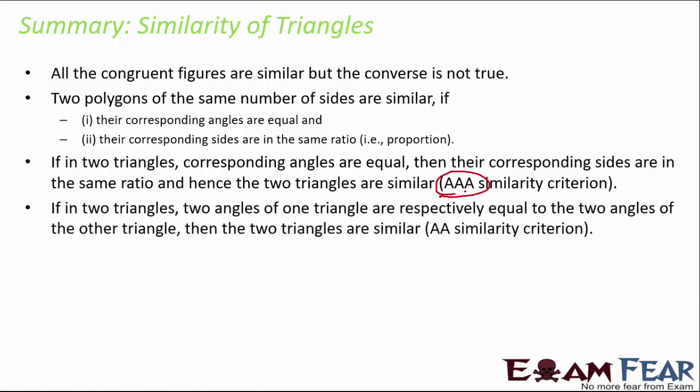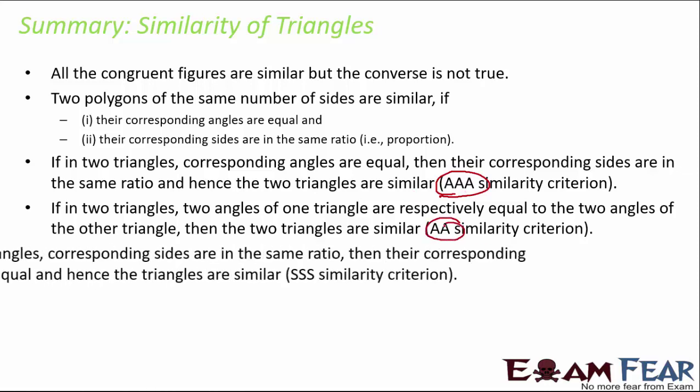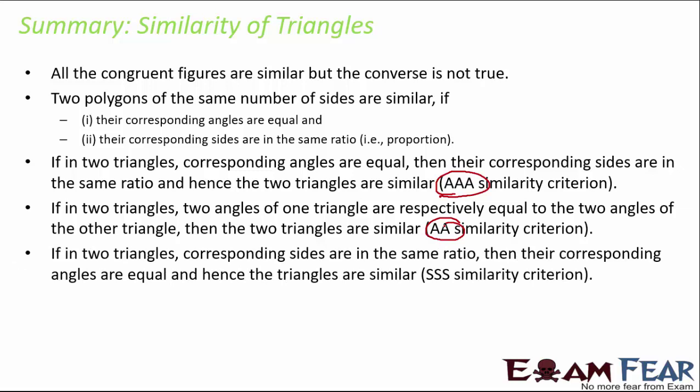If it so happens that two angles of a triangle are equal to two angles of the other triangle, which anyway means that the third angle would also be equal, this criteria is known as AA similarity criteria. If the corresponding sides are in the same ratio, then that criteria is called SSS similarity criteria.